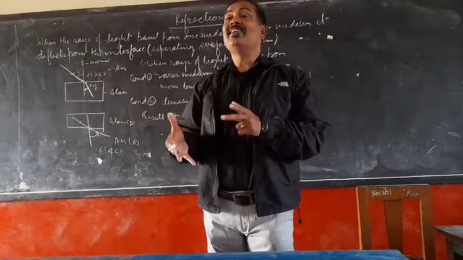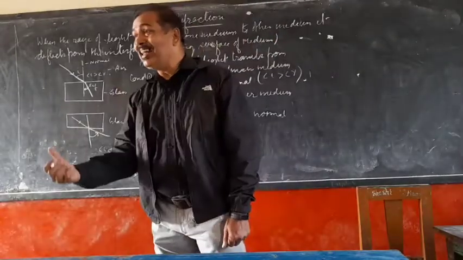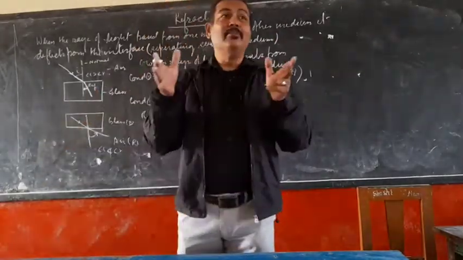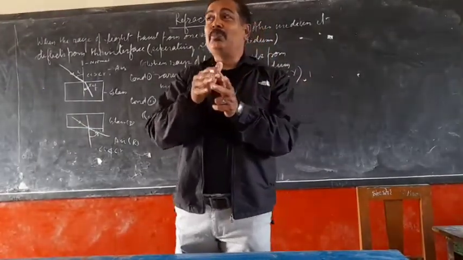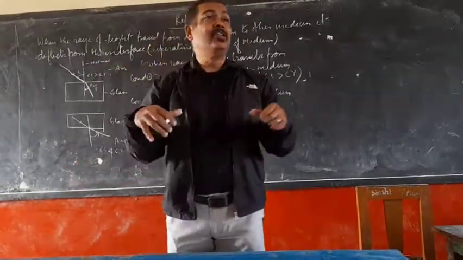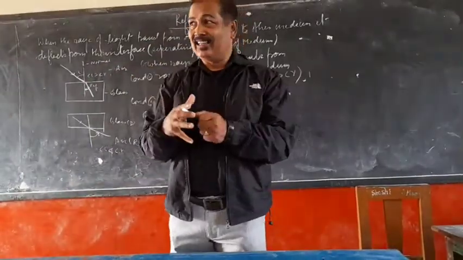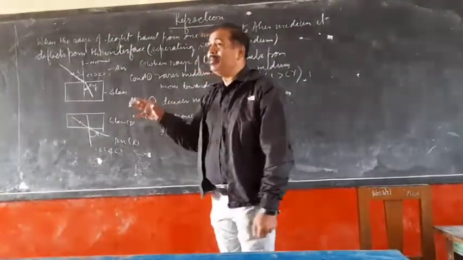What is the relation? Reciprocal. Speed of light is higher when the density of the medium is less, and speed of light is less when the density of the medium is higher. Are you getting my point? So this is the reason, and this is the basic concept.